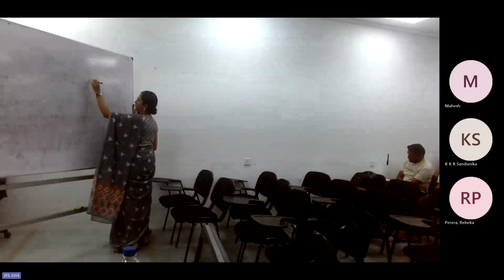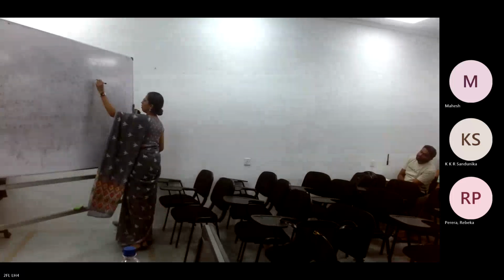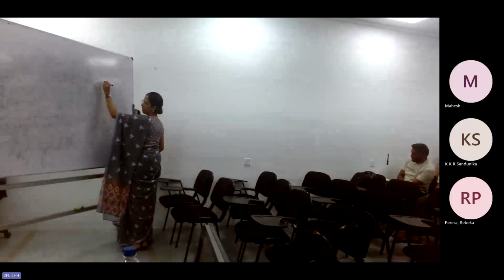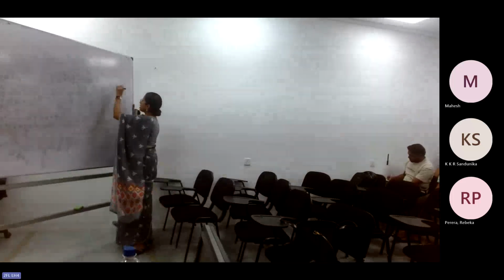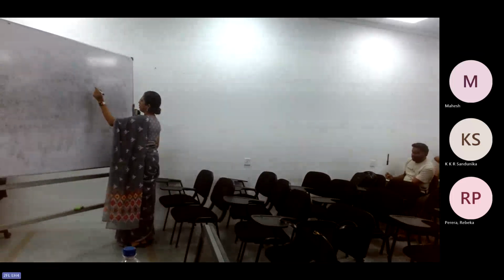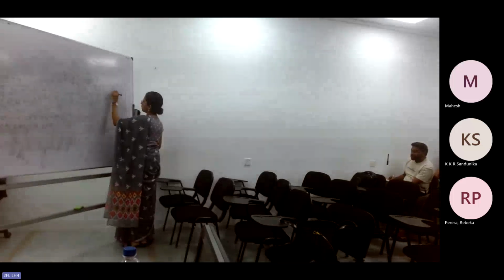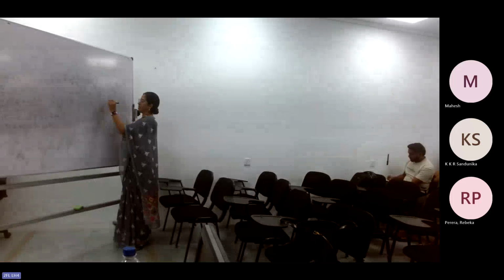Then we get minus 2q plus 40, right? Then this should be equal to 0. So 2q minus 2q should be equal to minus 40. Q should be equal to 20. Yes.